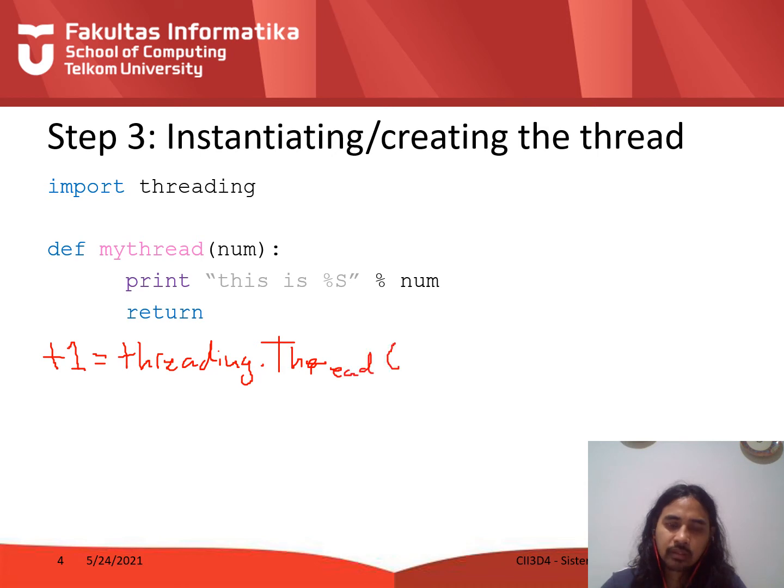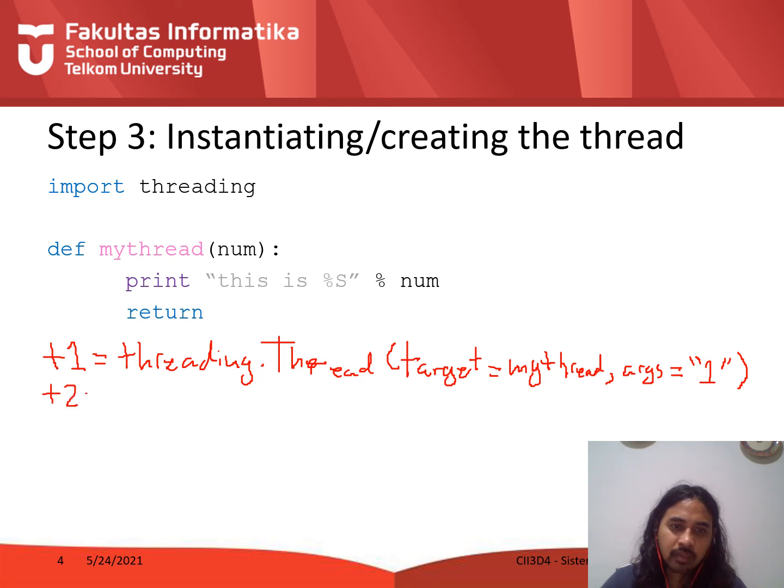Then target equals the name of our function, which is my_thread, and the second argument is args, which is the variable num. Here num is 1.